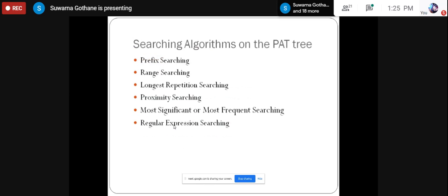So several algorithms are there in which the Patricia tree is applicable, such as prefix searching, range searching, proximity searching, or regular expressions also. So these are the various algorithms on which this Patricia tree is applicable, or repetition searching, or most frequent or most significant pattern searching. So for all these applications, your pat tree is going to be applicable.